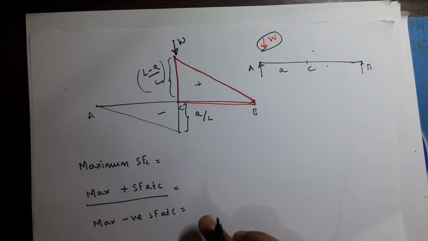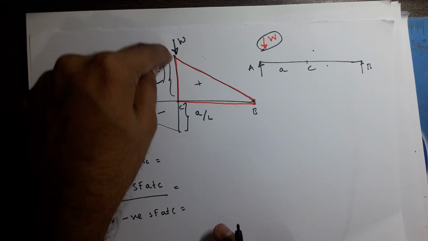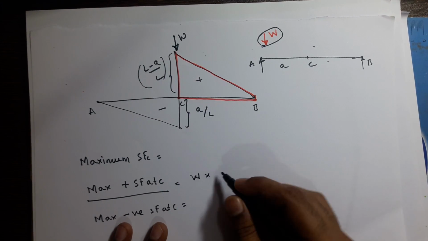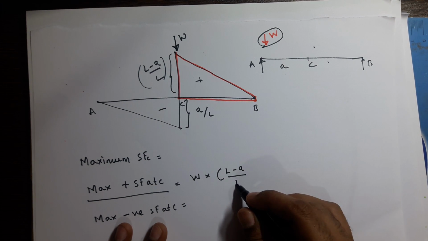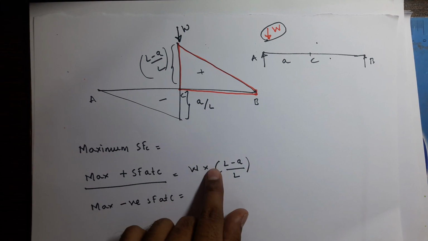So how can you calculate shear force at C? Maximum positive shear force at C is load into ordinate, W into (L minus a) divided by L. So this is maximum shear force at C.